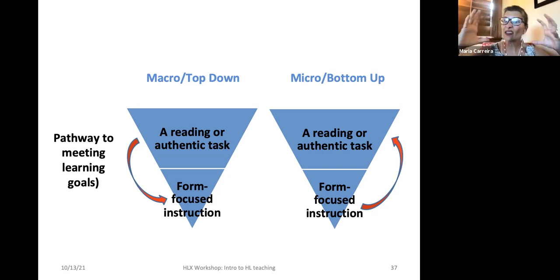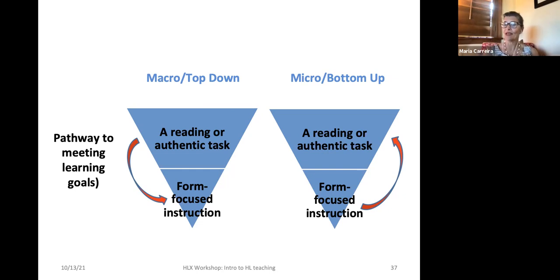And then after you've done the real life activity, you move to form focus instruction. Think about this as what you do in a language arts class, in an English class, if you went to school as a native speaker of English, right? You read a short story and then you talked about it. You didn't start out by talking about the grammar within the reading, right? That's macro, top down.